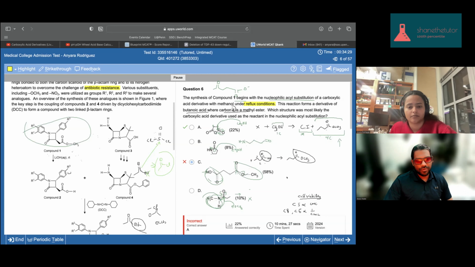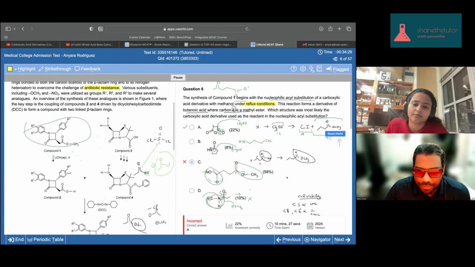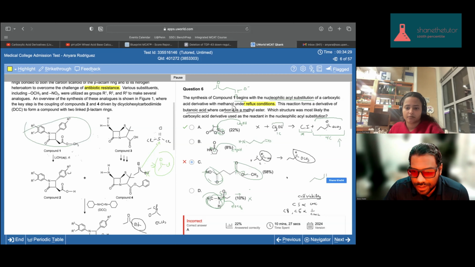But yeah, this one over here, it's going to attack there. It's going to break this ring open, and that's what this would look like. Because if you took this and you reformed the ring like this, like let's say that you did the reverse, this could attack something over here.